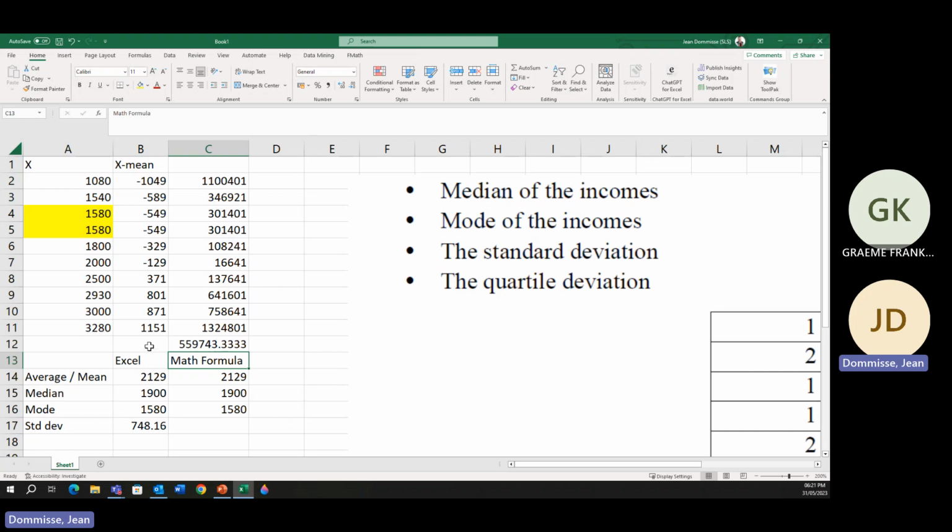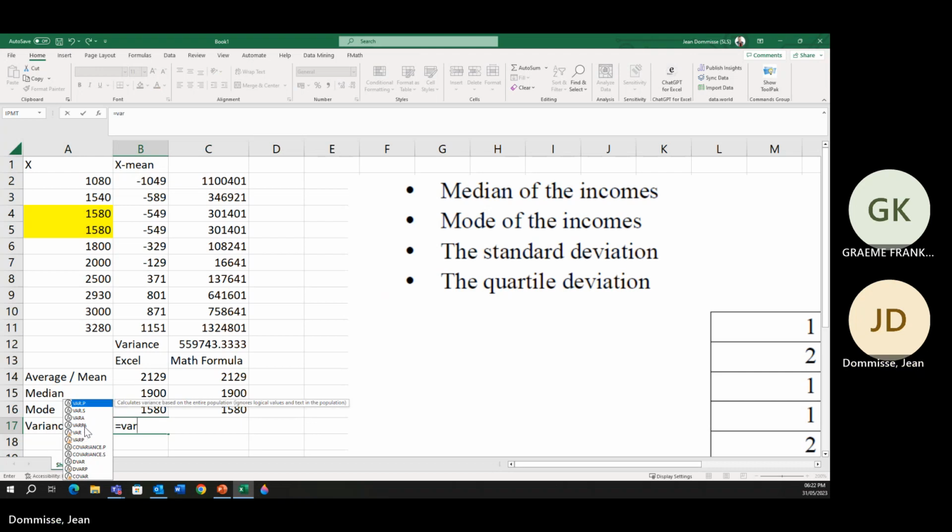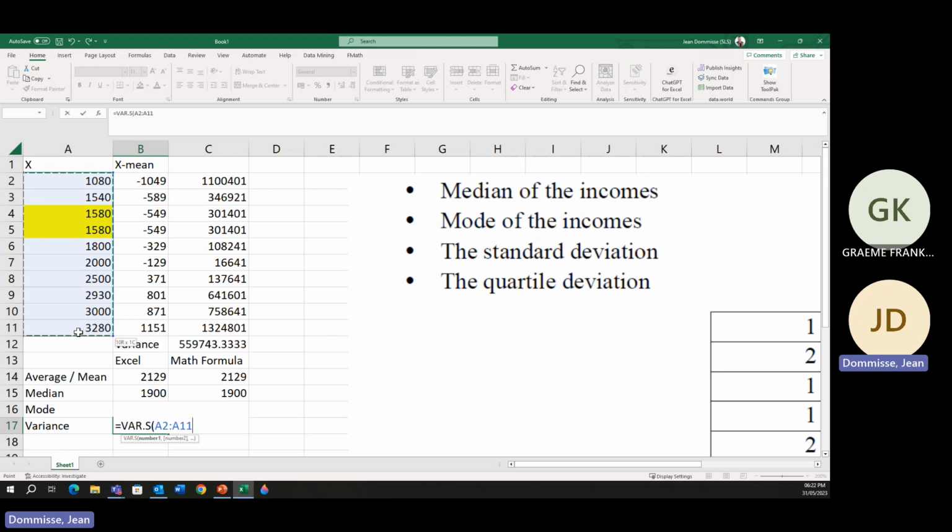But what we've actually worked out here is variance. So let's change this one to variance. We first work out the variance and hopefully get the same answer.